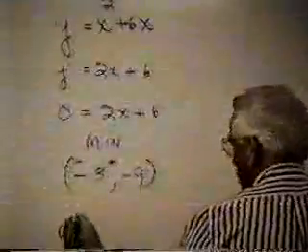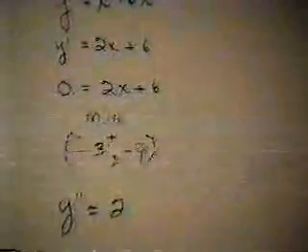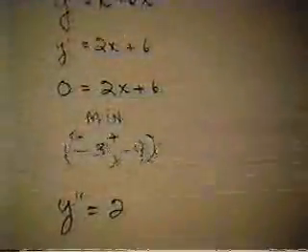And underneath this then, we take the second derivative. The second derivative is equal to 2. Now there's a shortcut rule for determining this.